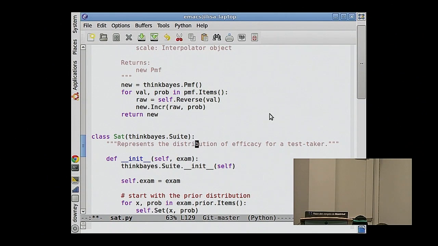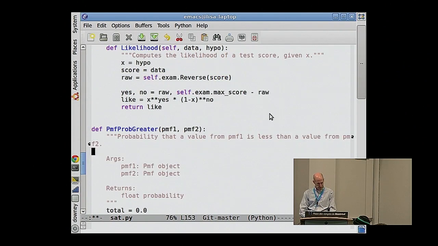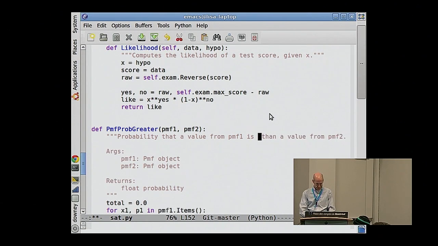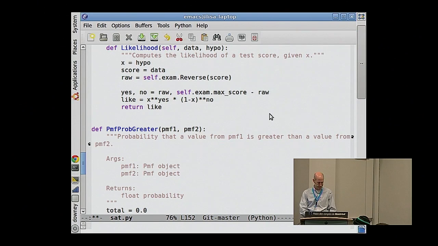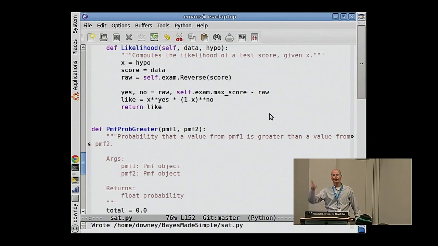Is there an error in the code or the doc string? I'll double check it in a second.